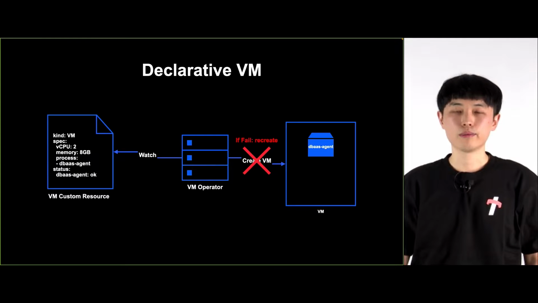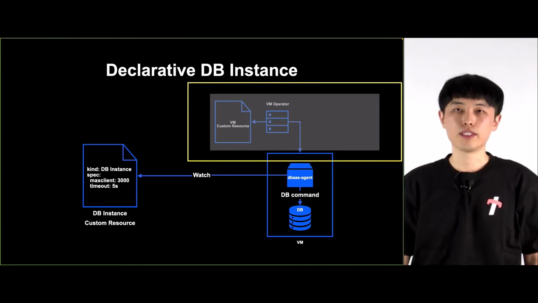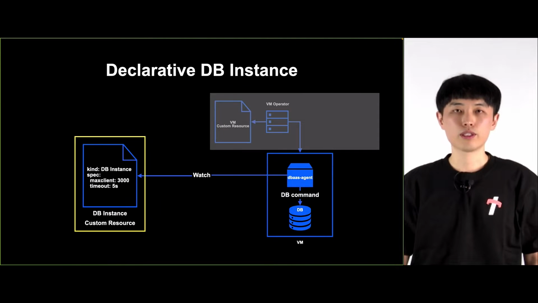will be created. And the next thing that we did was to make the DB instance declarative. The white part of the slide is what I explained earlier. And let's just assume that the VM was created with this logic. First, we made the custom resource for one DB instance.